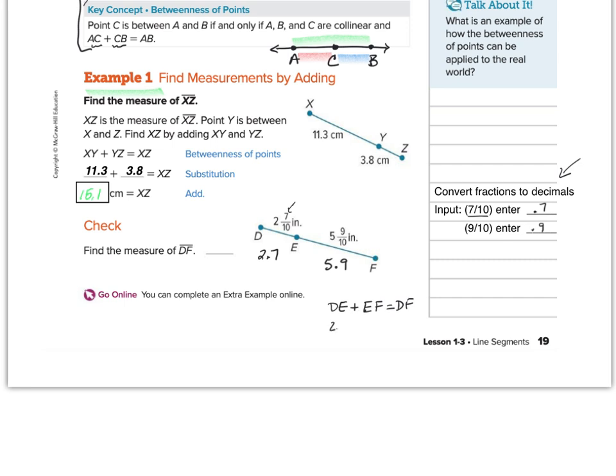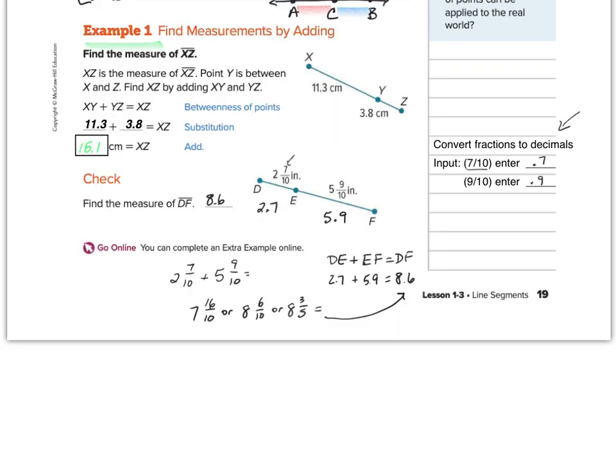So DE is 2.7 plus 5.9 is equal to, hopefully, 8.6, right? So there is 8.6. Fast forward, fractions real quick. Feel free to stop the video, but I have like bases. I combine the numerators, simplify.